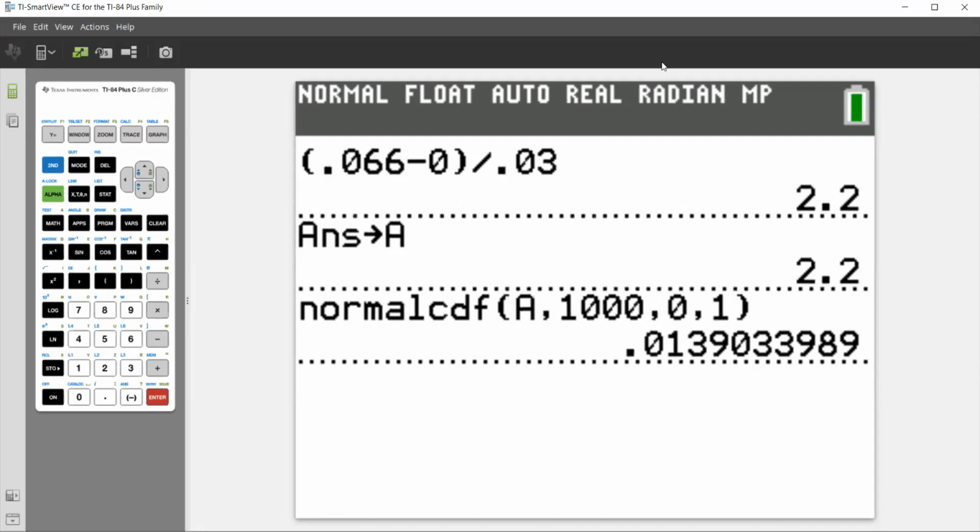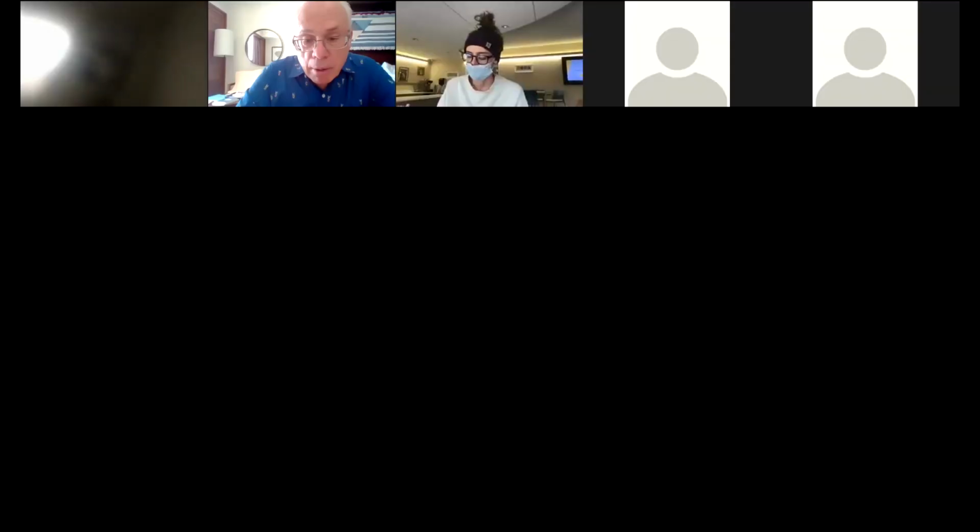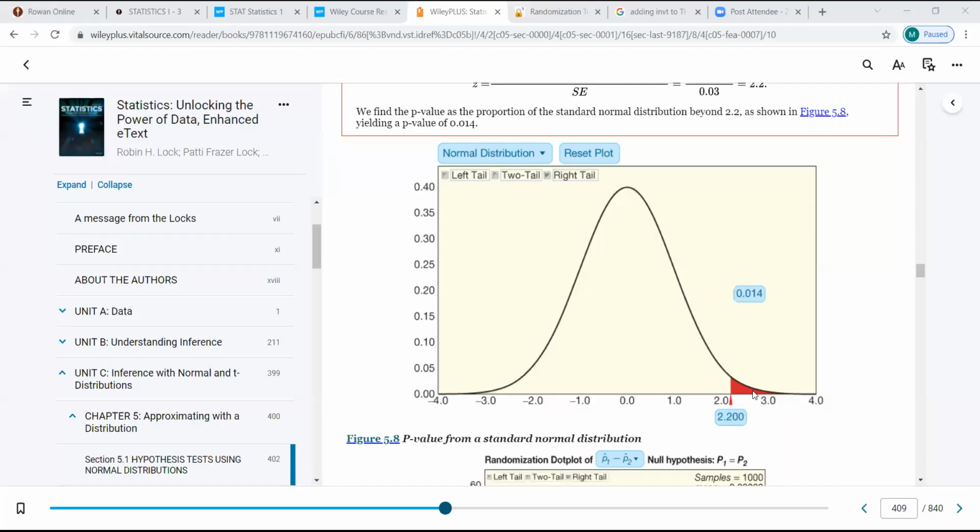All right, so we'll stop sharing here. And let's go back to the book. Okay. Notice they have 0.014. Pretty close, isn't it?